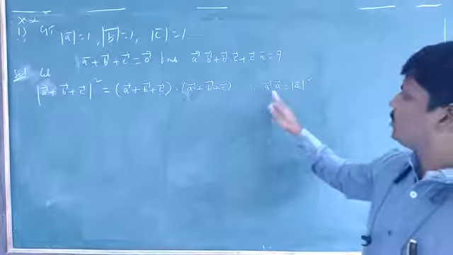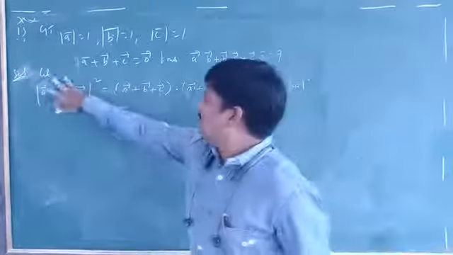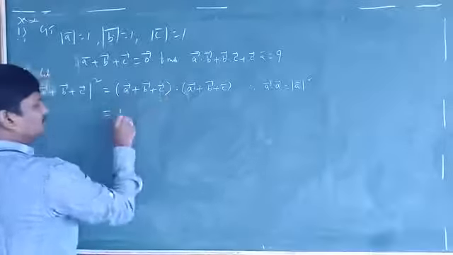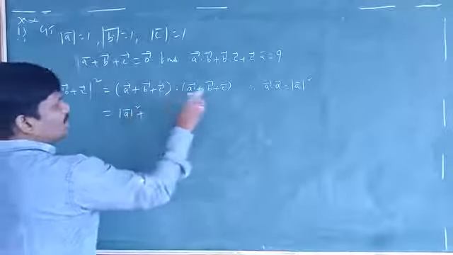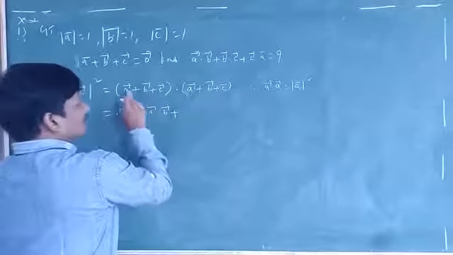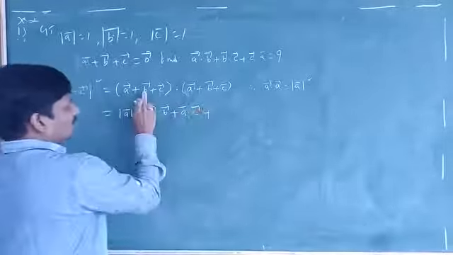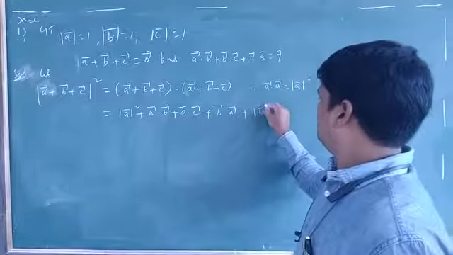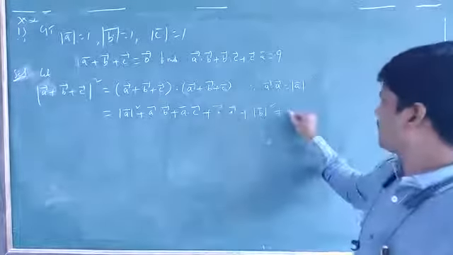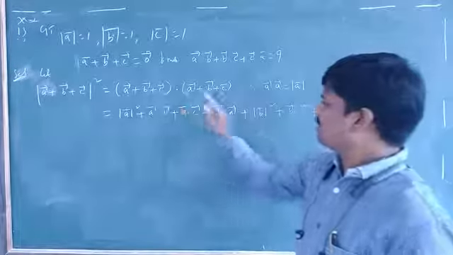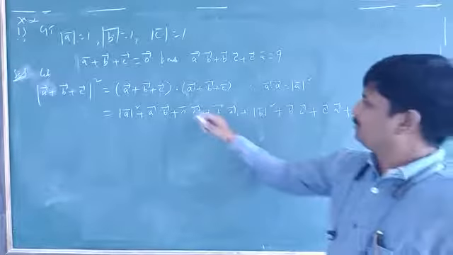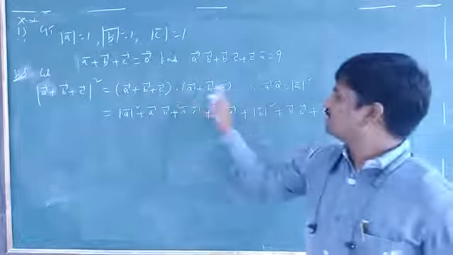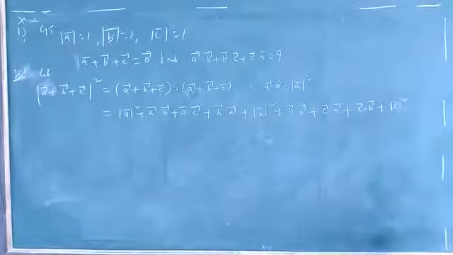Multiplying these two: mod a square plus a bar dot b bar plus a bar dot c bar, plus b bar dot a bar plus b bar dot b bar, which is mod b bar square, plus b bar dot c bar, plus c bar dot a bar plus c bar dot b bar plus c bar dot c bar, which is mod c bar square.